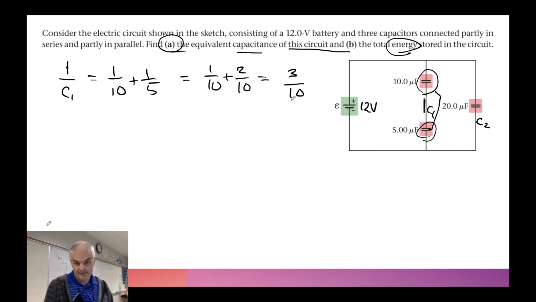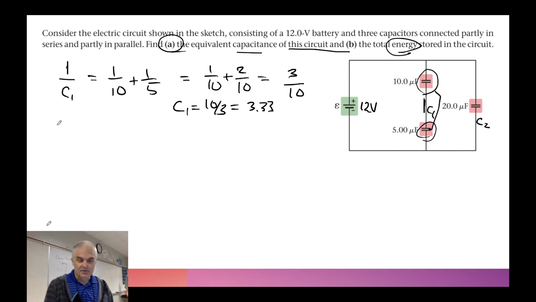Then the inverse of 3 over 10, or 10 over 3, because if you flip it around, it's 10 divided by 3, so C1 is 10 over 3, which is 3.33.